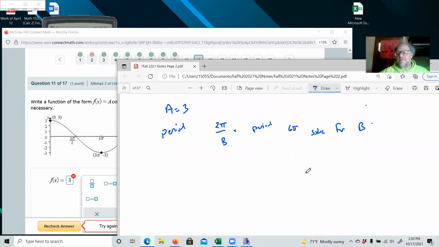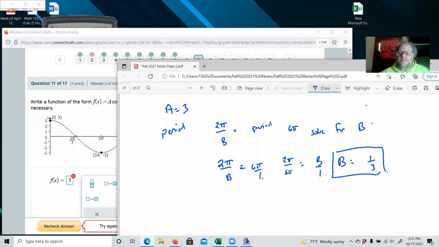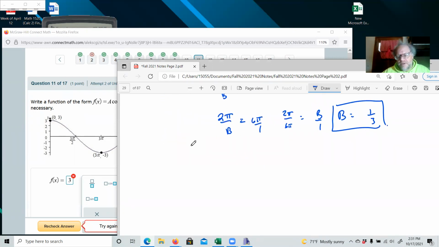I'm not exactly happy with this particular method because it requires you to know this formula, and I hate the fact that you guys would have to do that. So we have 2 pi over b is equal to 6 pi over 1, cross multiply, so we get 2 pi over 6 pi is equal to b over 1. B would be 1/3. Okay, that's one way to go.